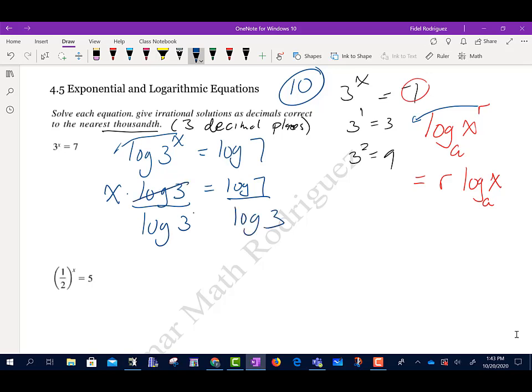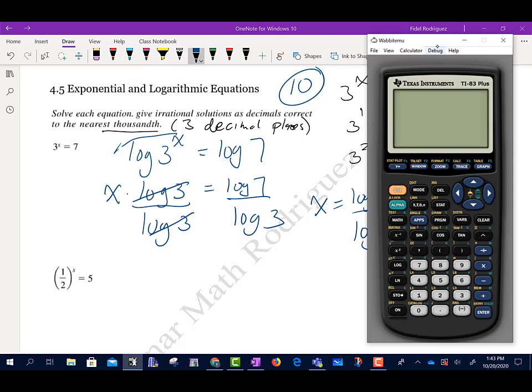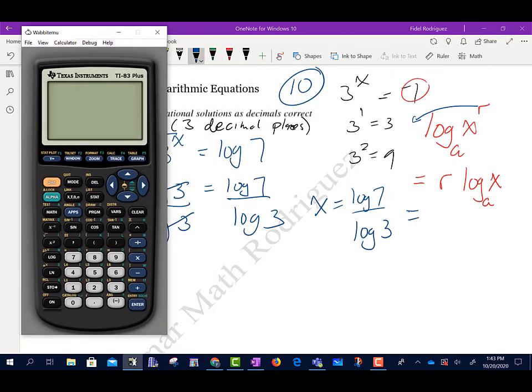Now guys, I want to mention something here. When I have this log of 7 divided by the log of 3, I cannot cancel out the word log, okay? It's a function. It's an operation. So what I need to do here is just use my calculator. Let me get it going, turn it on, and clear it out.